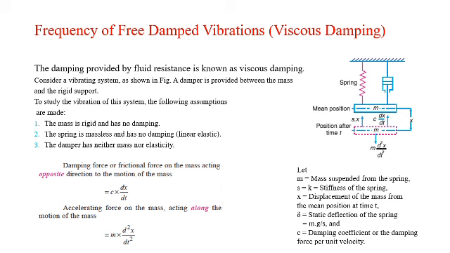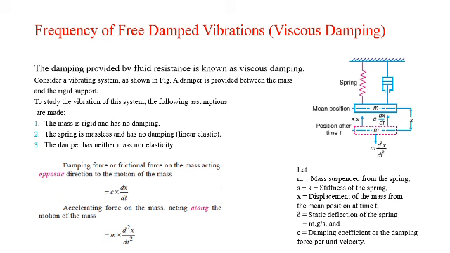Now consider a spring, mass, and damper system having these three parts. We are studying how to find the natural frequency of free damped vibration in the case of viscous damping. As we have already studied, in viscous damping, damping is provided by fluid resistance.